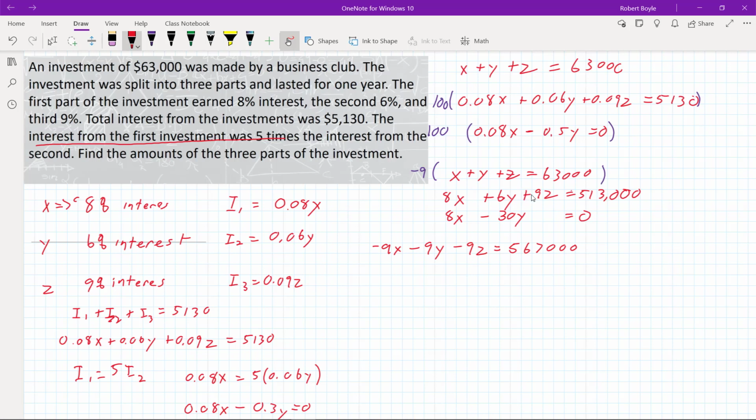And I want to add to that 8x plus 6y plus 9z, which is equal to 513,000. Adding those two equations vertically, the z's cancel out. And then I will have negative x minus 3y is equal to negative 54,000.